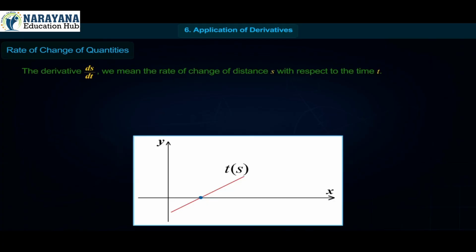The derivative ds by dt, we mean the rate of change of distance s with respect to the time t.